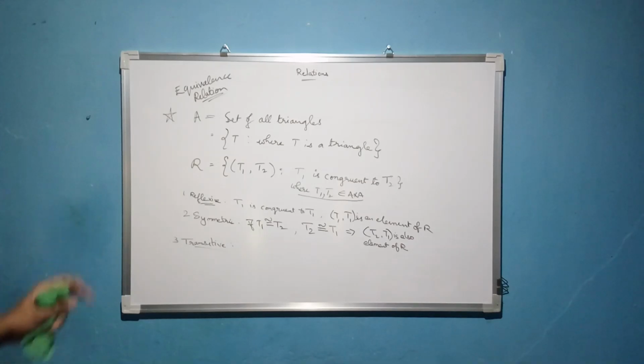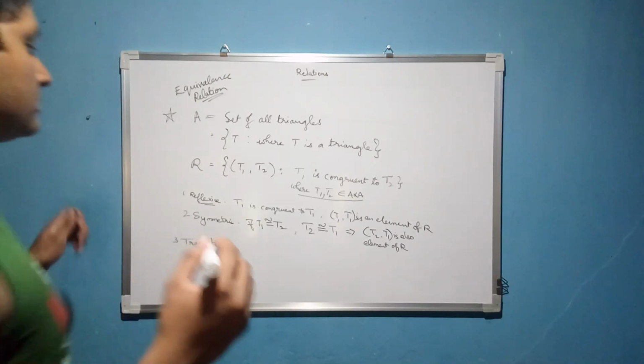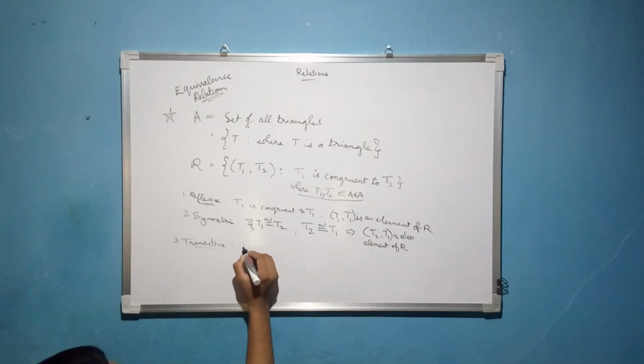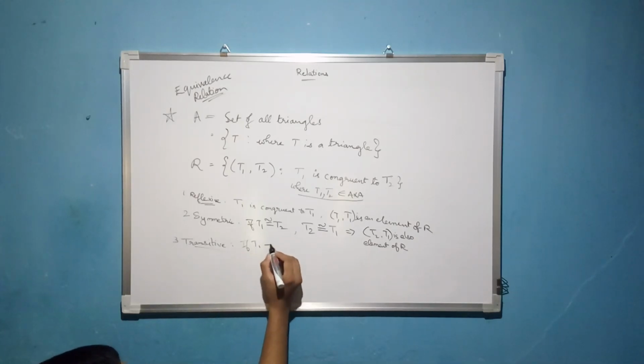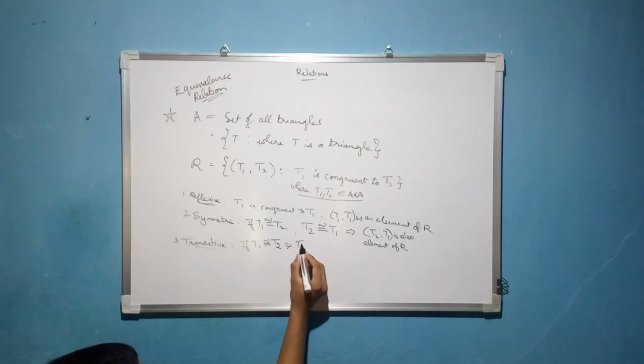What does the transitivity say? For transitivity, we need two conditions. That means two elements should be there. That is, if T1 is congruent to T2 and T2 is congruent to T3.